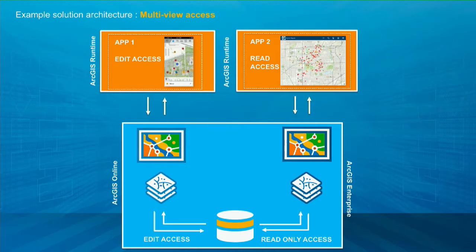Taking that even a step further, as I said, we author those layers with their own set of capabilities and their own set of information. Those layers can be used inside of multiple maps, so you can have configuration set up specifically for the targeted use cases you want for specific apps.